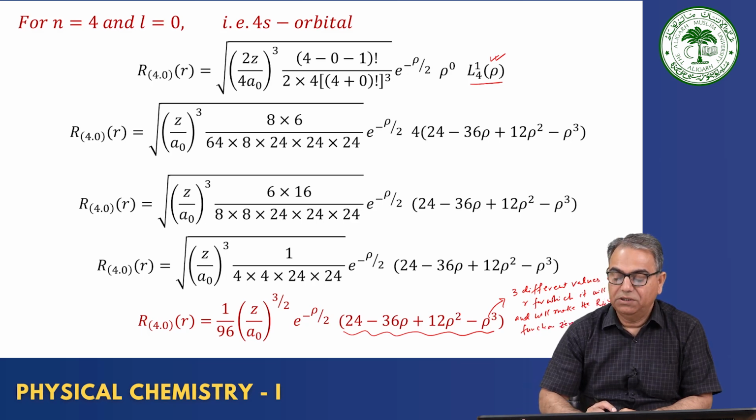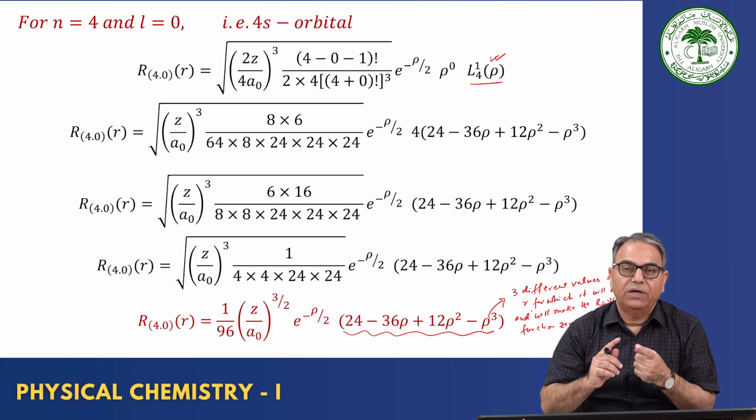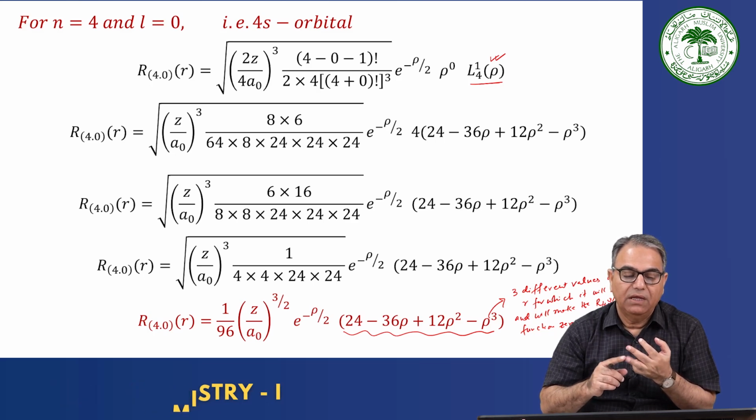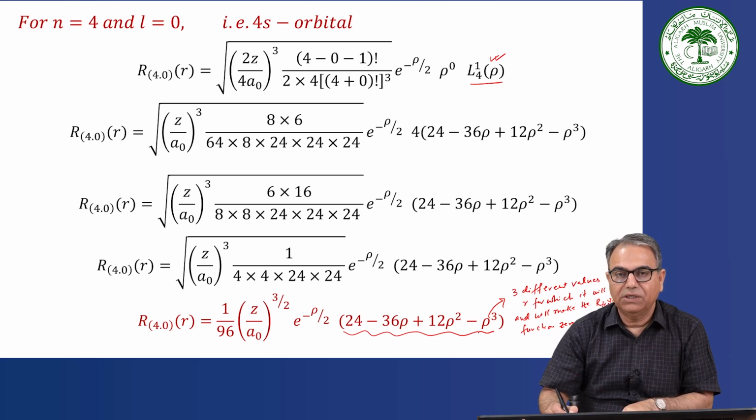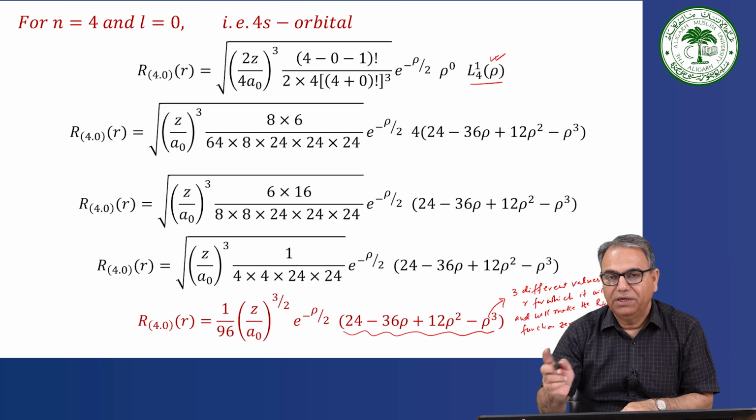What does it mean? It means we have 3 different nodes for a 4s orbital. Look, for the 1s orbital, no node was there. 2s orbital, 1 node was there. 3s orbital, 2 nodes were there, and 4s orbital, 3 nodes are there. And it's very obvious from the equation, because in the case of the 2s orbital you have 2 minus rho. In the case of the 3s orbital you have a quadratic equation.